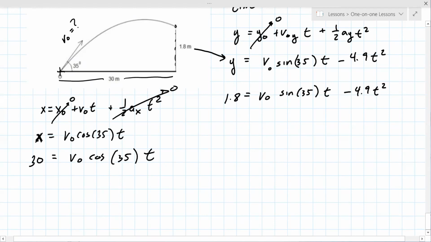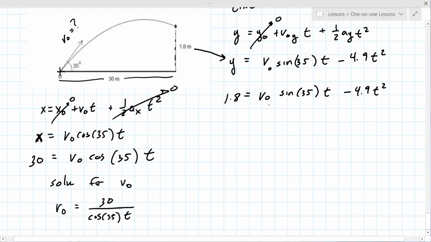Okay, so decision time here. This is where there's potentially some uncertainty because this is different. If you solve this for v0, you're going to have v0 equals 30 over cosine 35 times t. When you put that in here, the t's cancel.